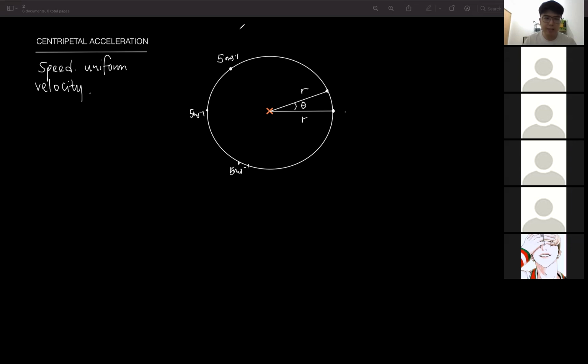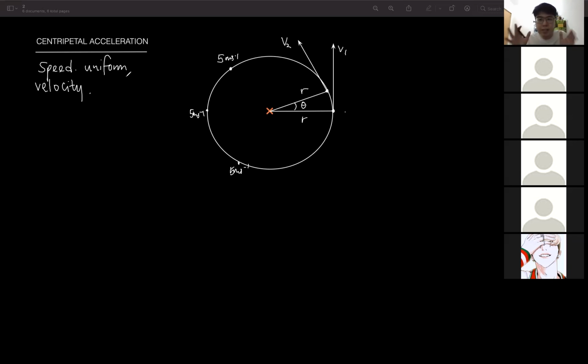The velocity vector here is pointing like this, tangential. And the velocity vector after it has gone to this point is tangential to this one. Let's say this is v1, v2. In terms of magnitude, they are the same. Speed is the same, but velocity is not the same. Why? Because the direction is different.